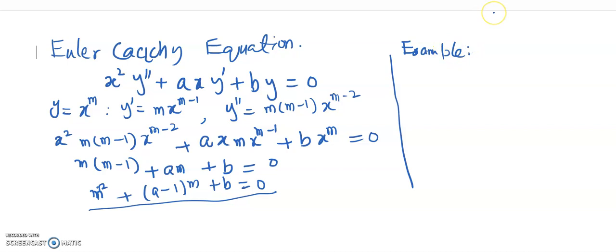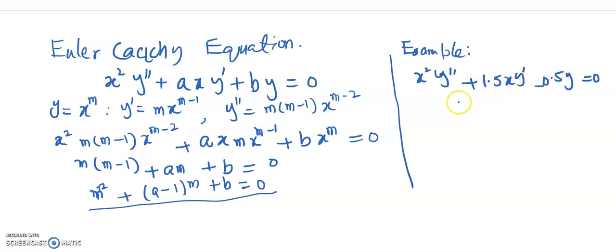So the equation is x square y double prime plus 1.5 xy prime minus 0.5 y equal to 0. First of all, let's check whether this equation satisfies the conditions of the Euler-Cauchy equation. It seems that it does, because second order has second power of x, and first order has first power of x.